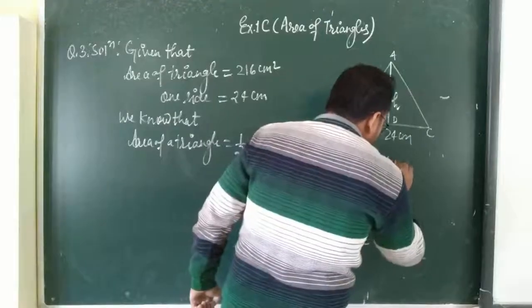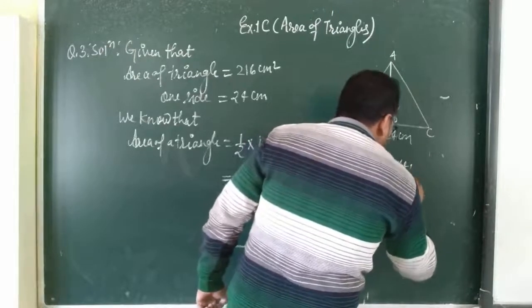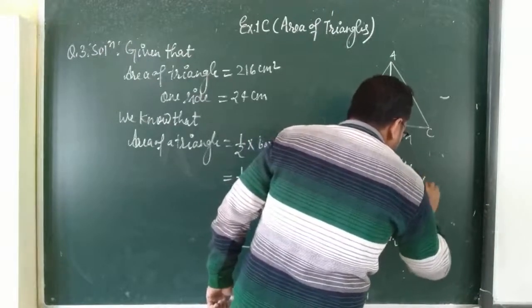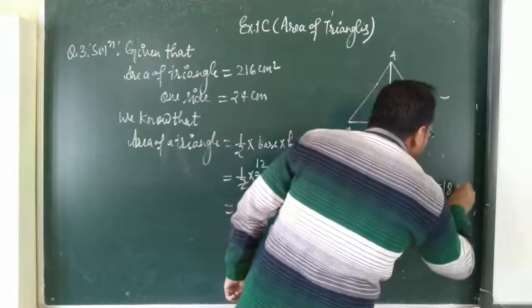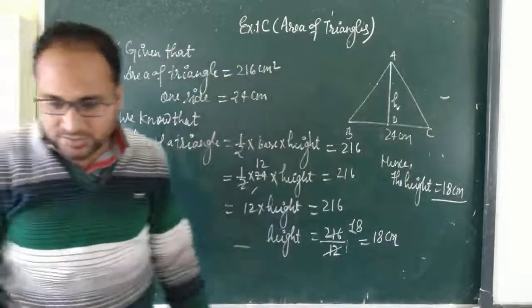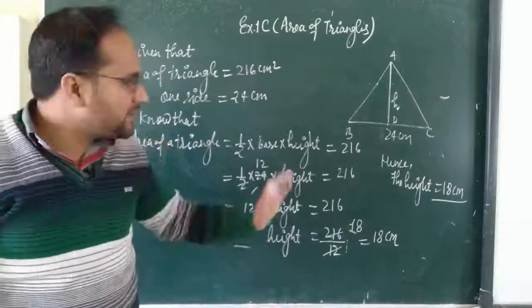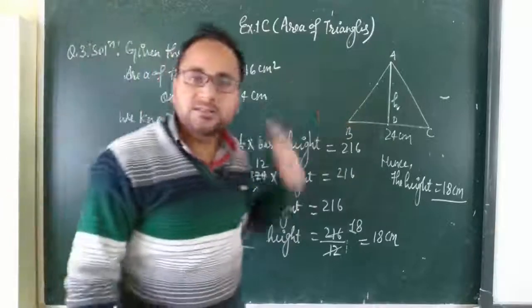So hence the height is equal to 18 centimeter, students. So this is the answer of this question. Okay. Now question number 4 is the same, in that you can find the base, height is given.